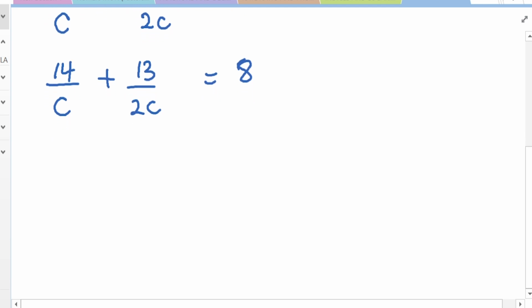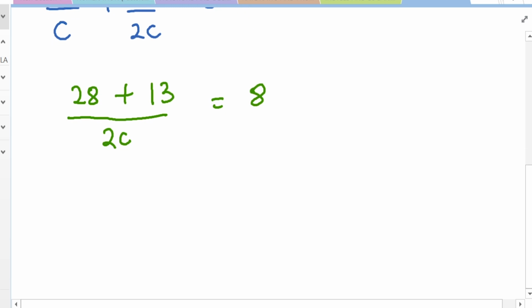If we make c the subject of the formula in this expression, we will have found the value of c. So let's find the LCM here. C and 2c, that is 2c. 2c divided by c is 2. 2 times 14 is 28. Plus 2c divided by 2c is 1. 1 times 13, that is plus 13, is going to give equal to 8.